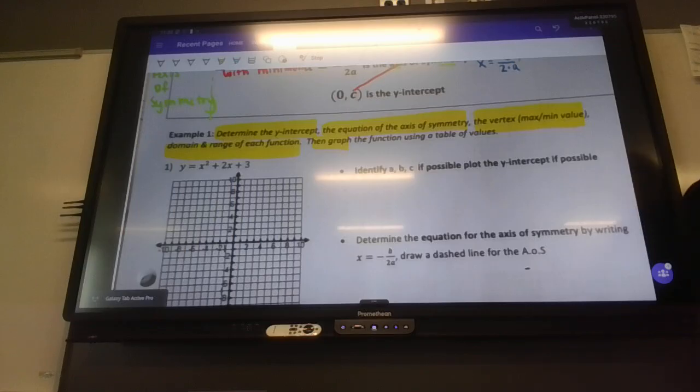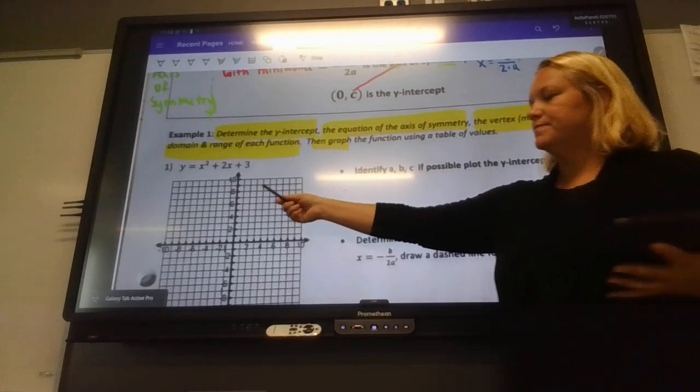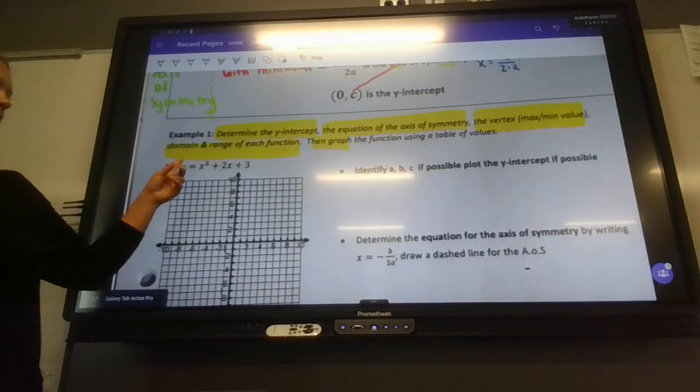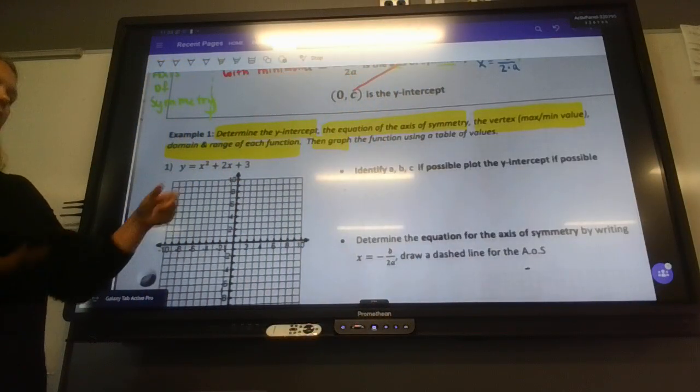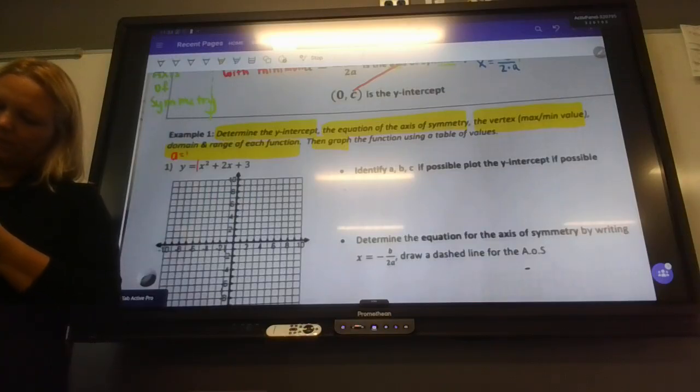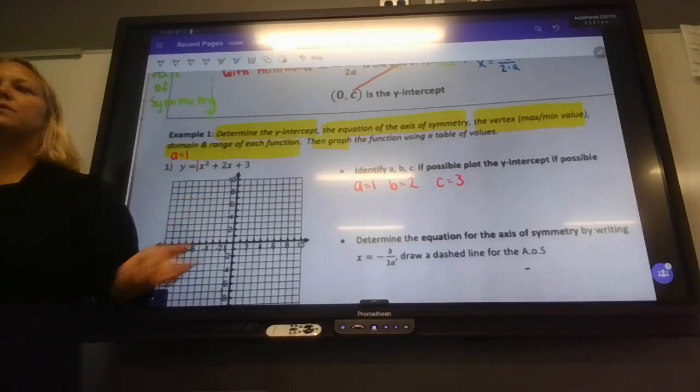Step 1, identify a, b, and c. This is our first equation. a, b, and c go in order. This one's kind of basic. We don't see an a value. That means there's an invisible 1. a equals 1. Nice. Right in order, 1, 2, 3.